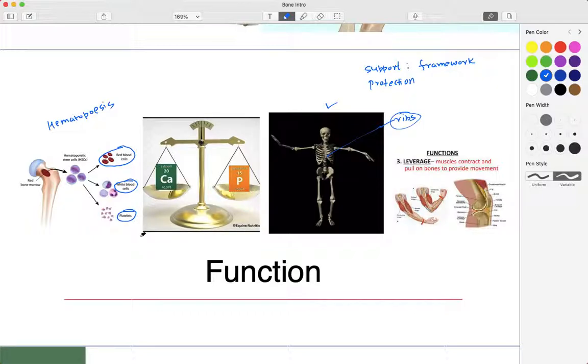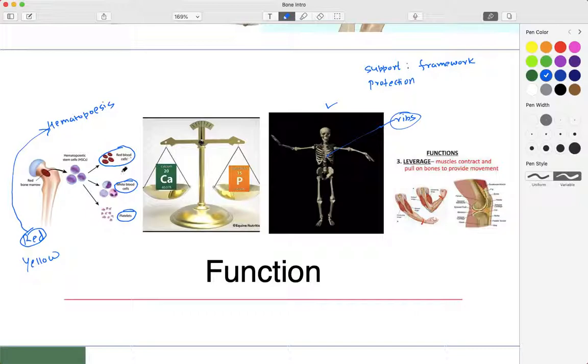Now, in the bone, there are two types of bone marrow. One is called red, another is called yellow. Red bone marrow is more for blood cell production, called hematopoiesis.